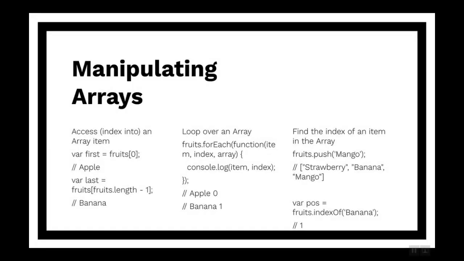So manipulating arrays. Here are a few examples on how you can manipulate an array. One of the ways is you can use the methods on the array object. So you have the forEach method in which you traverse the array and print out every one of the items in the array. Then if you want to add to it, you can use the array.push method.